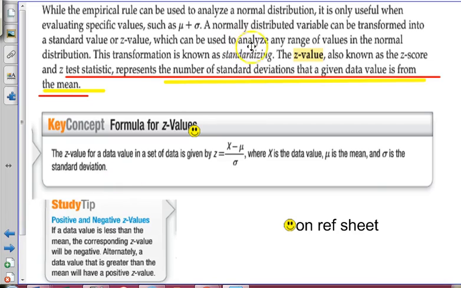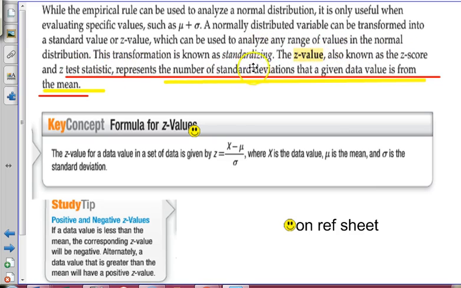All right. Well, the empirical rule can be used to analyze data. It's only useful when you're at a specific number of standard deviations. A normally distributed variable can be transformed into a standard value or z value, or z-score, which can be used to analyze any range of values in the normal distribution.